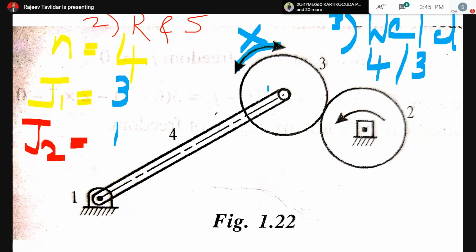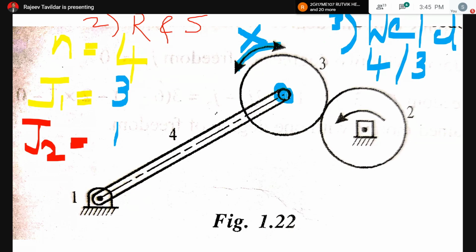Between link 4 and link 3 at this point, if I assume that it is welded, then what will happen? Can anyone at least tell me how many links you are going to get? 3, sir. Yes, exactly.